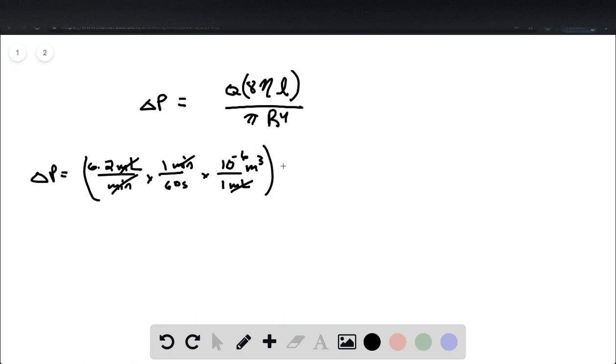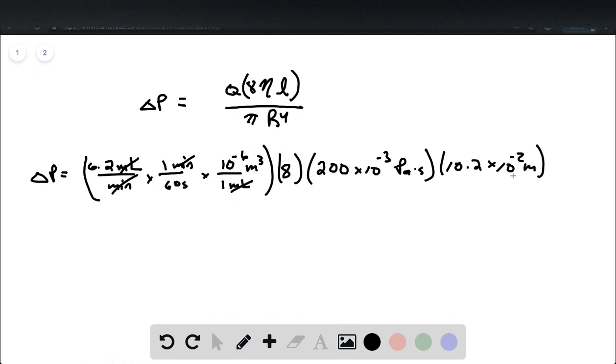And we have a factor of 8 here, eta is 200 times 10 to the minus 3 pascal-seconds, and the length L we were told in centimeters, 10.2, so we multiply by 10 to the minus 2 to get that in meters.